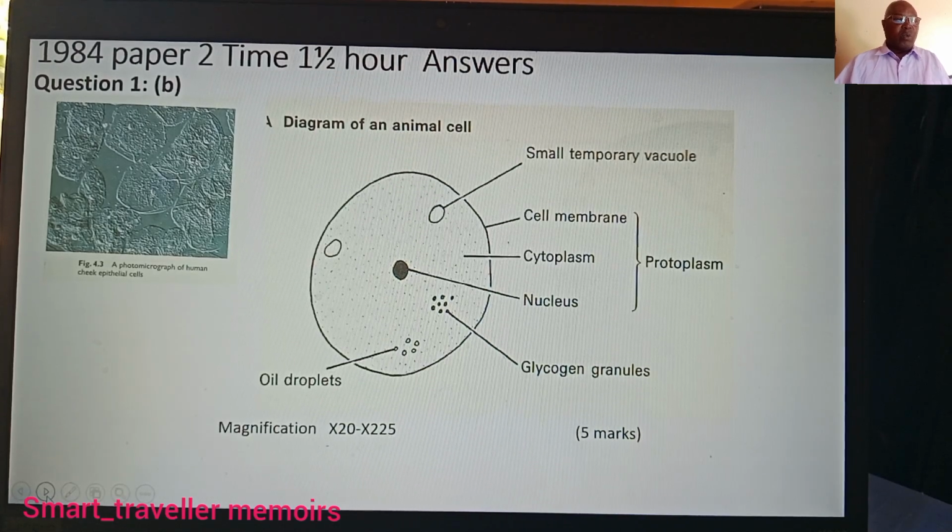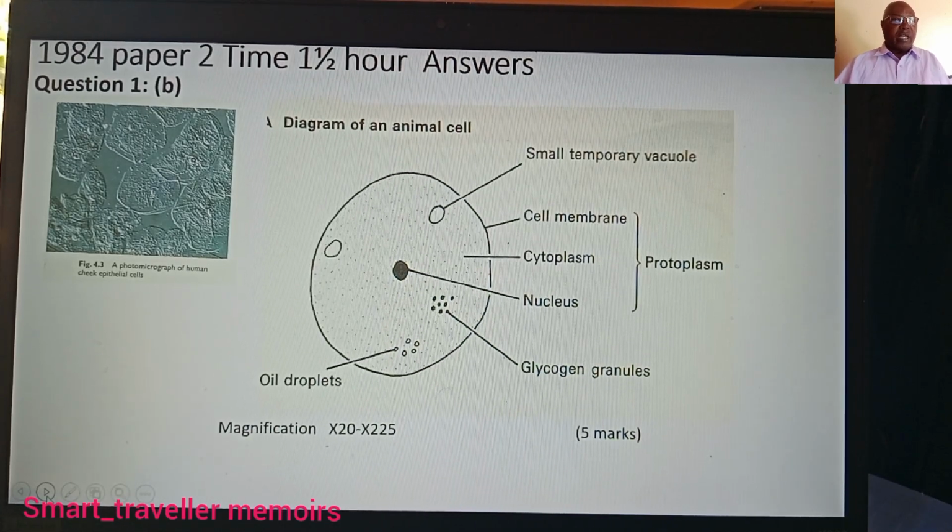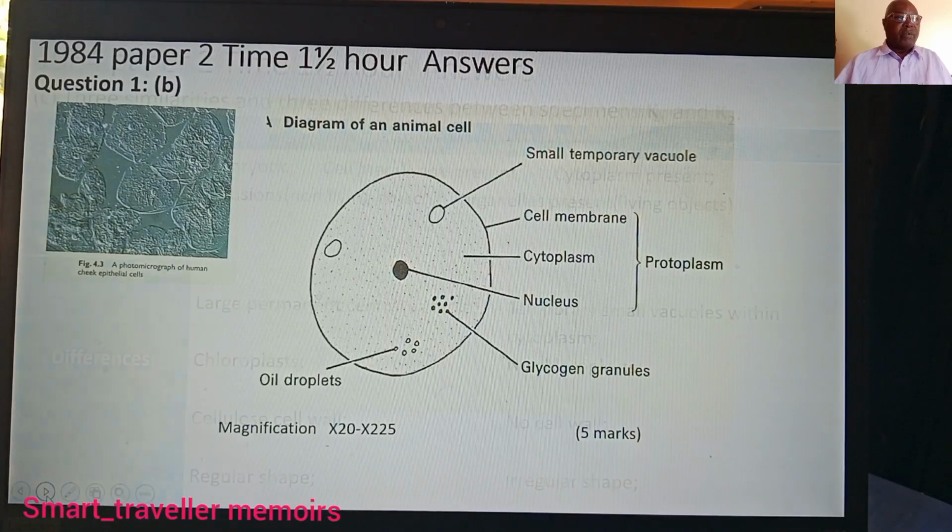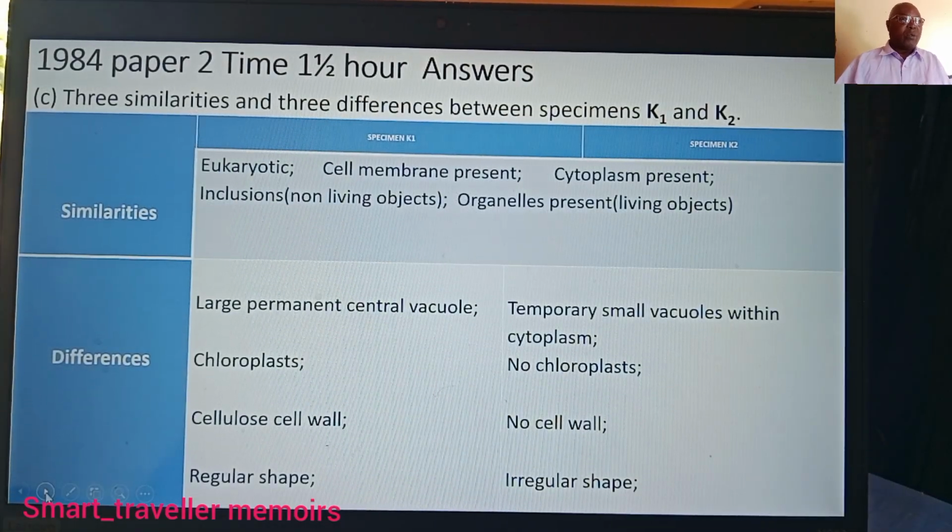So we have just drawn two cells, but still on this slide you can see a slide of a number of cells, but we have picked one for this question 1b. Now let's look at part C after the drawings.